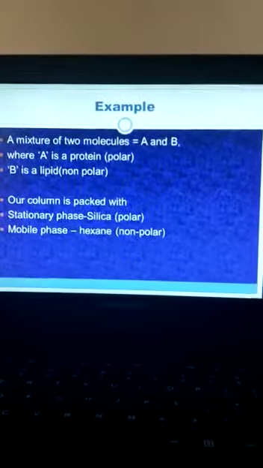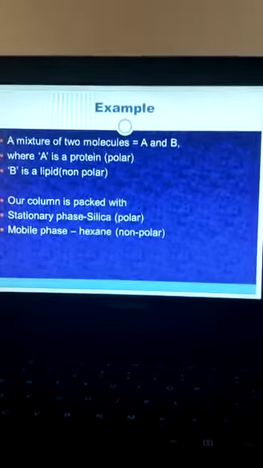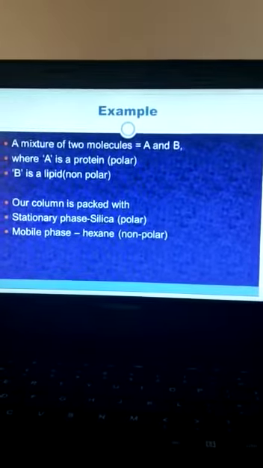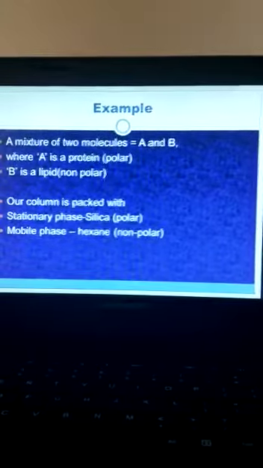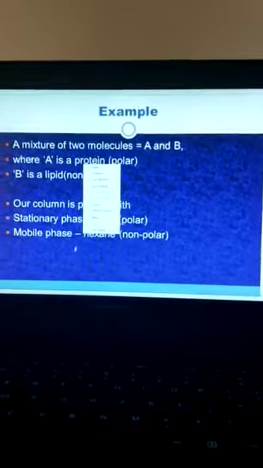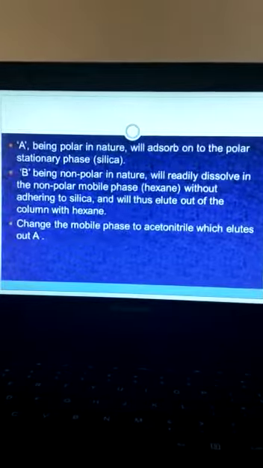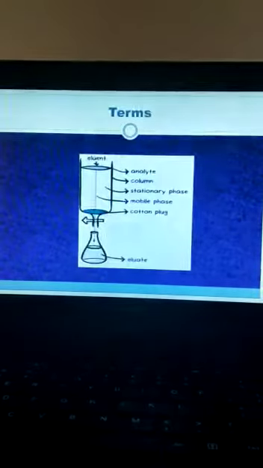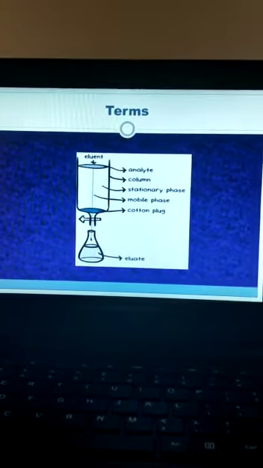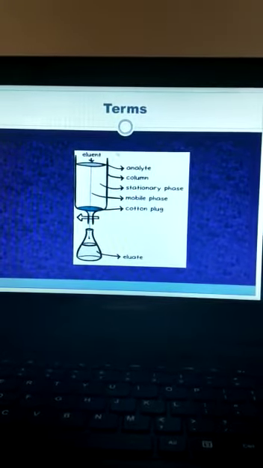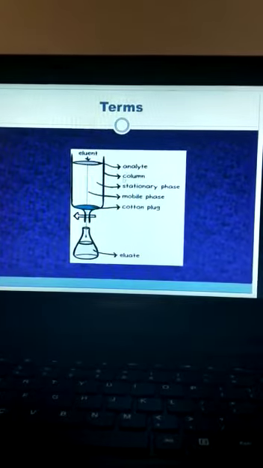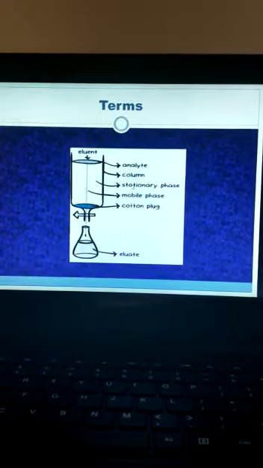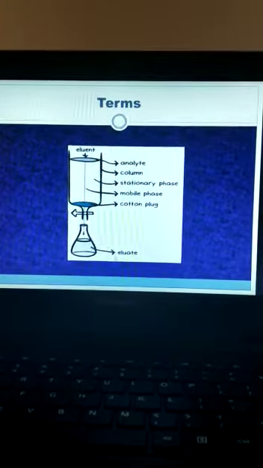Since now we understood the principle, let us look at the various terms used in chromatography. The various terms that are used here are eluent, analyte, column, stationary phase, mobile phase, and eluate.